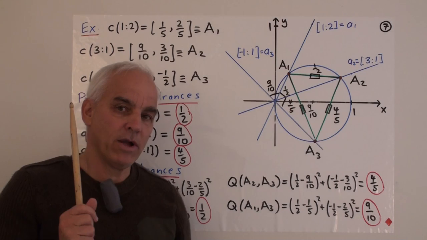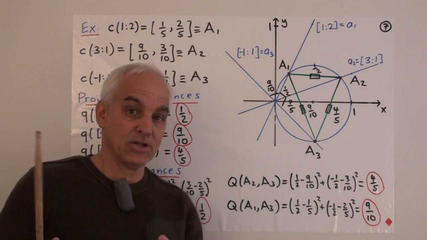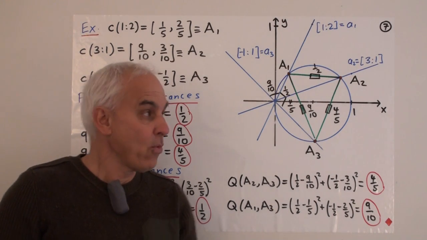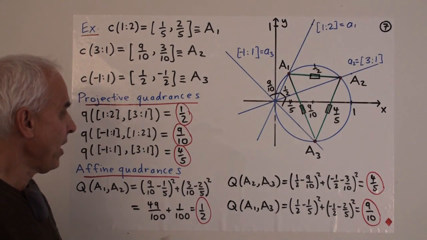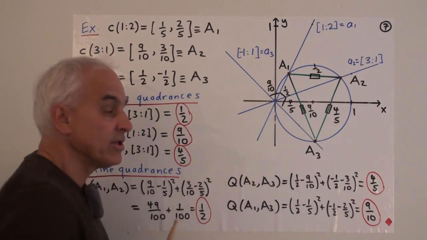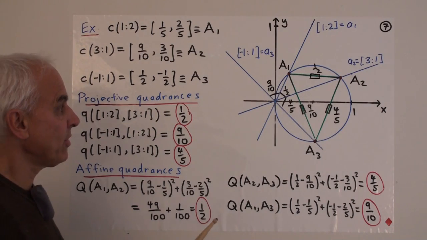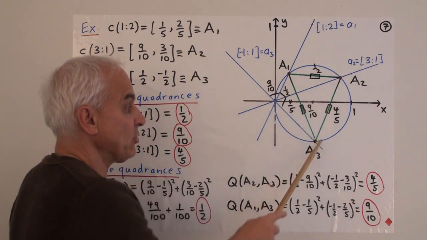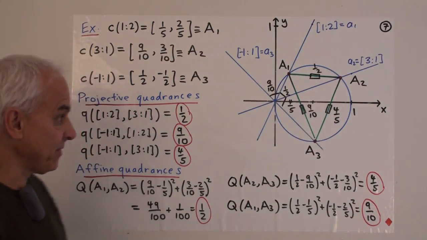Now, what did we just assert in that last theorem? We asserted that these projective quadrances correspond to the affine quadrances between these corresponding 3 points.